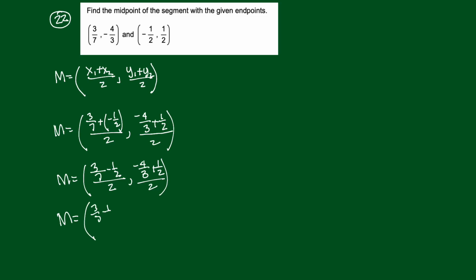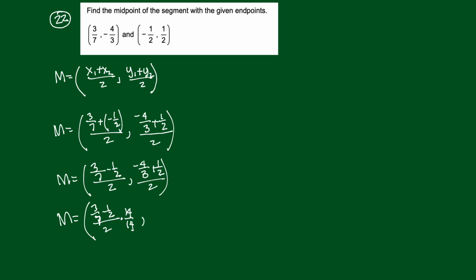3/7 minus 1/2, all over 2. I'm going to multiply it by 1, but the 1 that I'm going to use is 14 over 14. Now that 14, that's the smallest number that 7 and 2 divide into. Okay? Now, what about over here? Let's look at this one. I got 3 and 2.